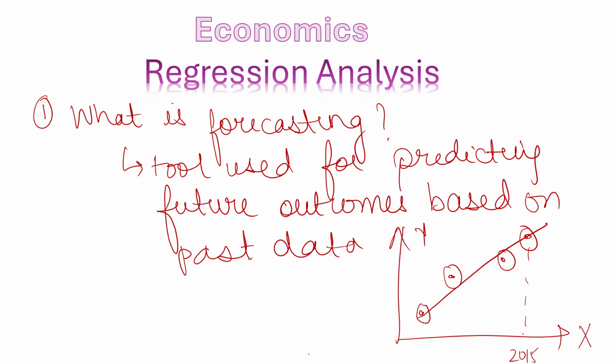What I can do is I can check for the slope of the graph. And based on the equation, suppose y is equal to ax plus b, by putting the value of x and placing the values of slope and intercept, we can get the value for 2016. So this is basically you forecast or predicted the demand in the year of 2016.